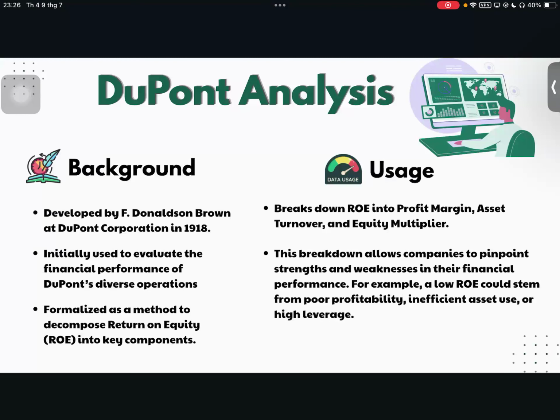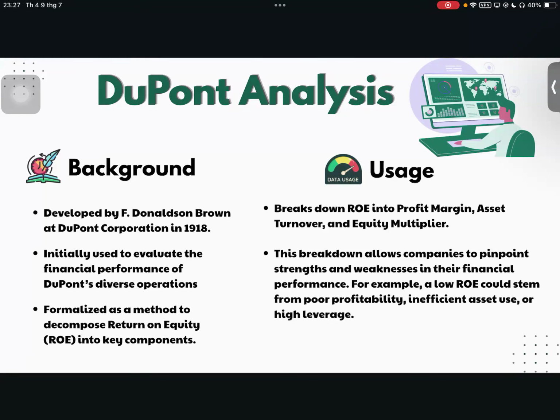From these numbers, we can decide. If it is about the net profit margin, then we need to manage our costs, cut off unnecessary expenses and improve our operations. If it is about asset turnover, then we need to sell off unnecessary assets, trim our operation, and focus on key matters.